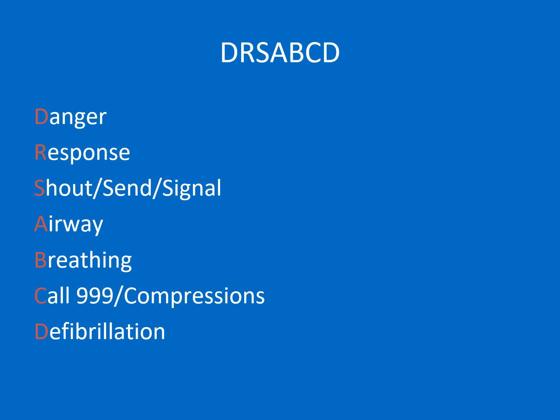So the doctor's ABCD. Every single emergency, whenever you first walk into it, you should always start doing the doctor's ABCD. This is whether you're dealing with someone who's fallen, an unconscious casualty, choking, burns, bleeding, anything, you always start with the doctor's ABCD. So the first thing to look at is danger, then response, and then shout, send signal for help, open the airway, breathing, call 999, start compressions, and defibrillation.